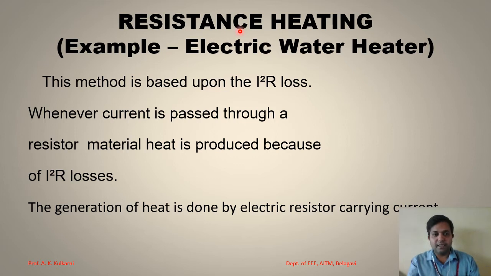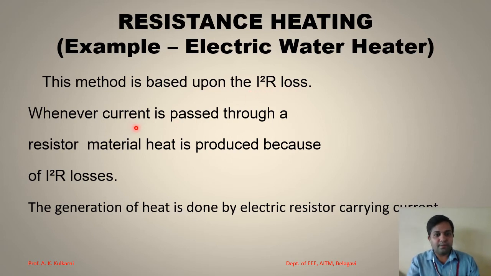Resistance heating. This method is based upon I squared R loss. As I told, for most heating processes we use I squared R loss. If the resistance value is more, the heating produced by that element will be more. Depending upon this resistance, we choose various water heaters.